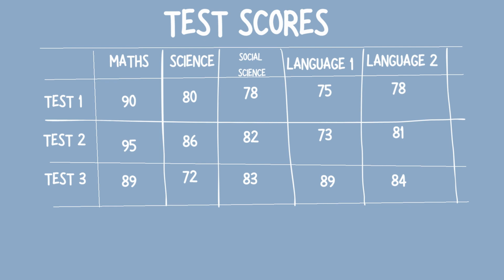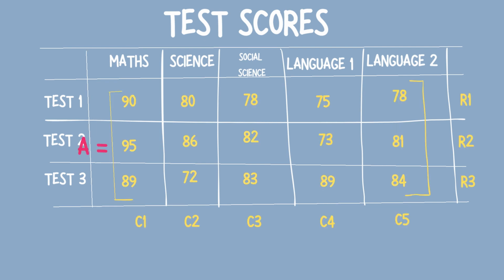If you want to write this data as a matrix, then we can represent this as matrix A as shown here, and the matrix is written in yellow color. As we could see, R1, which is row 1, represents test 1 scores of all 5 subjects.